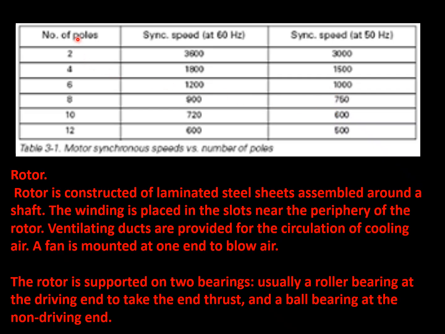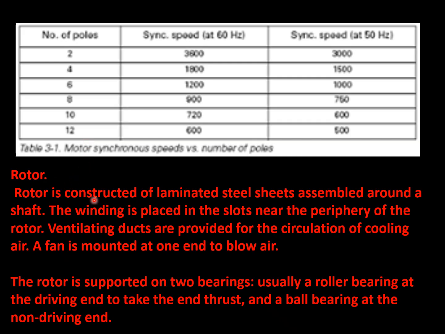So, if the number of poles is two, the synchronous speed at 60 Hz will be 3600, whereas at 50 Hz it is only 3000, and so on. It goes on varying according to the number of poles. The lowest speed is achieved by having 12 poles.